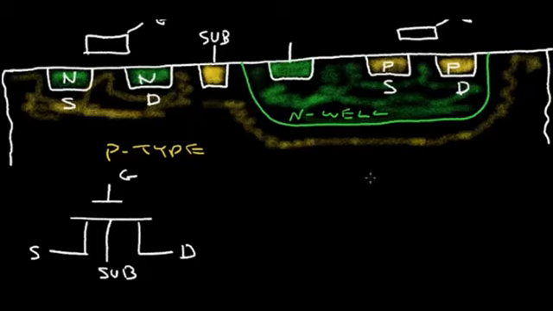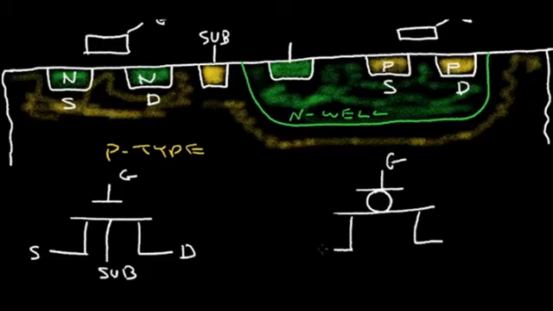Now let's draw the symbol for the PMOS transistor. And I draw a little circle in the gate region to distinguish this transistor from the NMOS. So this is the gate material, this is the source, this is the drain.